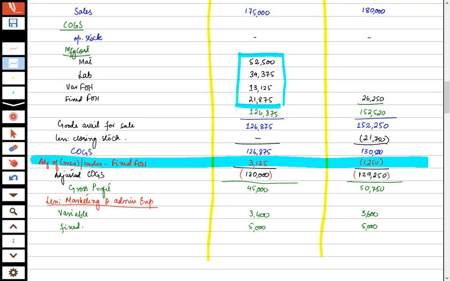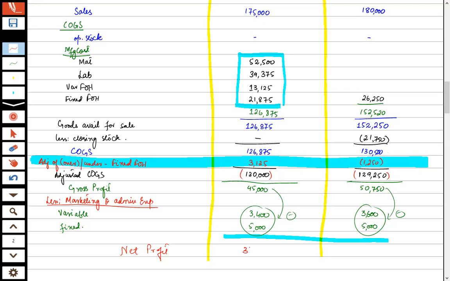And after that, these two will be deducted from this, and we will get net profit 36,600. And here it would be 42,150.